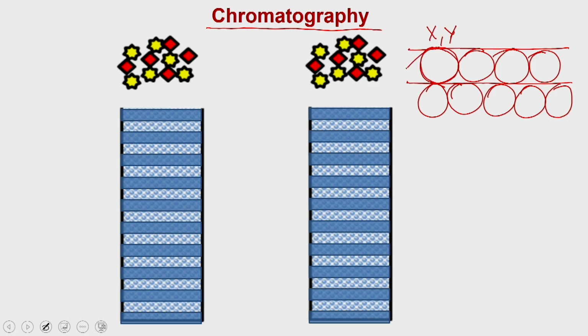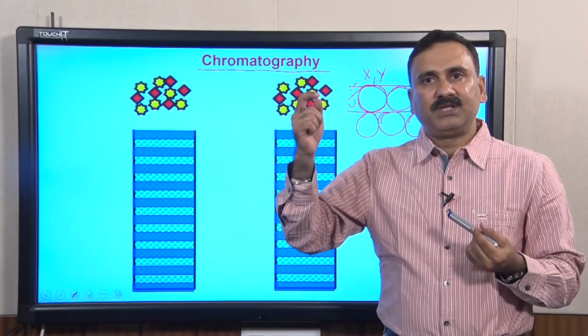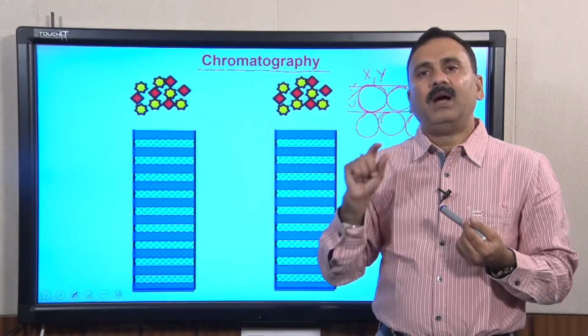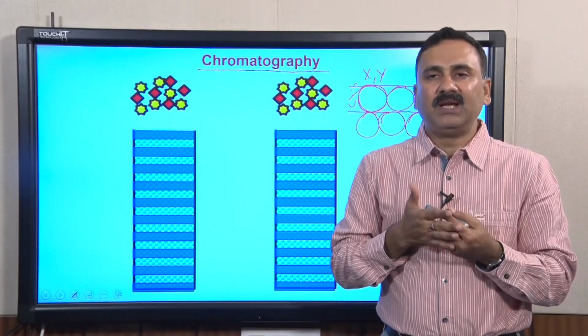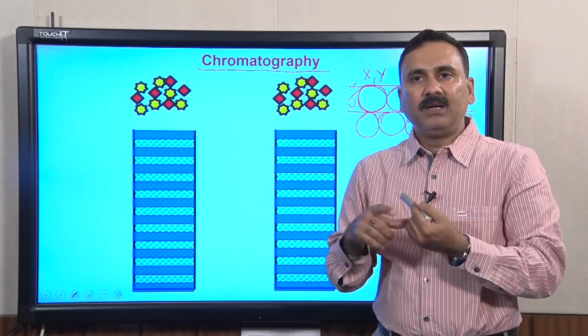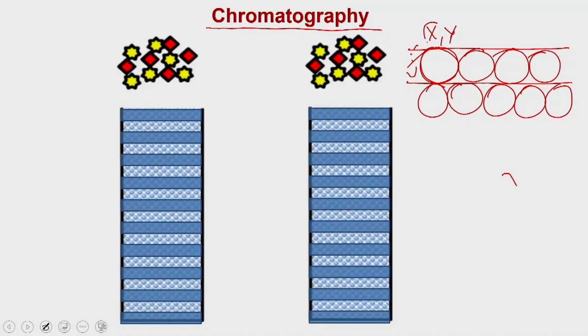As soon as X, Y, Z, or A, B, C, any molecule, interacts with these beads, because the beads are not alone and also have water, X will interact with the first layer of beads and distribute itself between the aqueous phase and the bead phase. Depending on their distribution, they will distribute themselves towards the bead phase versus the aqueous phase.